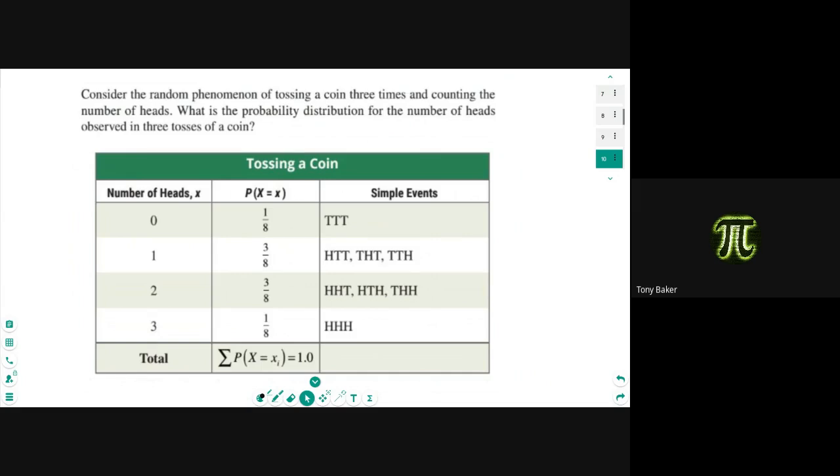Is this a uniform distribution or no? Okay. Why? Correct. Good. They're not all the same value. We have 1/8, 3/8, 3/8, and 1/8. Very good.